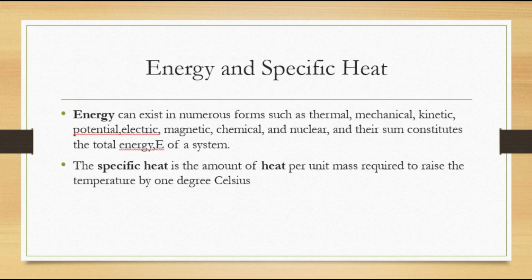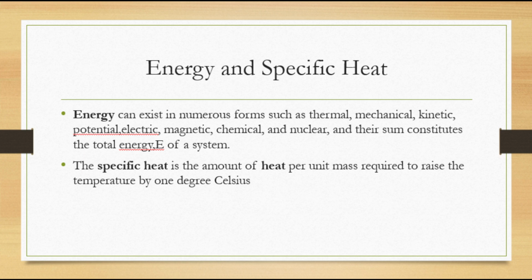Okay, next is energy and specific heat. Energy can exist in numerous forms such as thermal, mechanical, kinetic, electric, chemical, and nuclear, and together these constitute the total energy of a system.